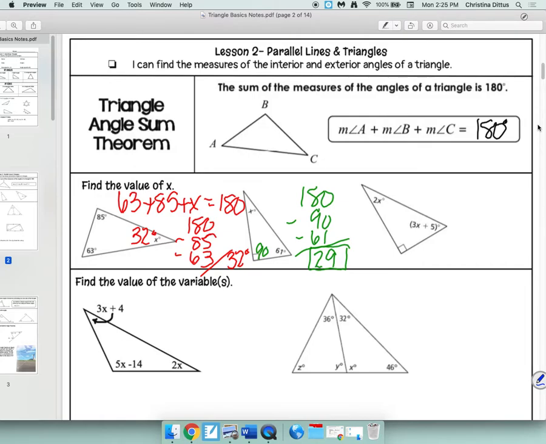Alright, here we got a right angle again, so we got 90. You cannot just subtract from 180 because you don't have numbers, you have x things. So we need to add them all up together. So we got 2x plus 3x plus 5 plus the 90, and that has to equal 180.